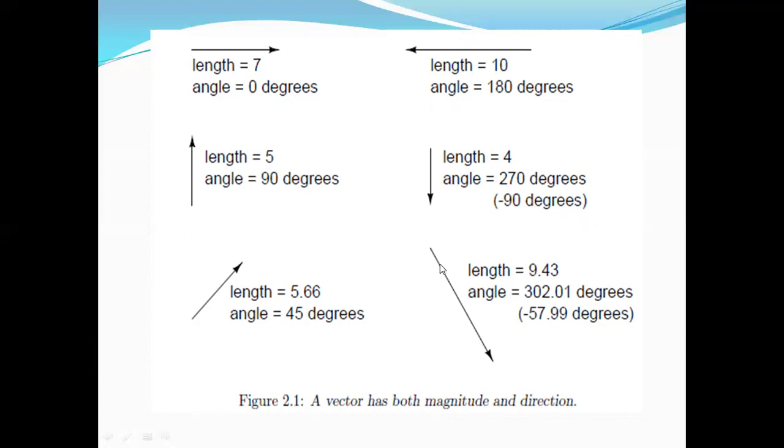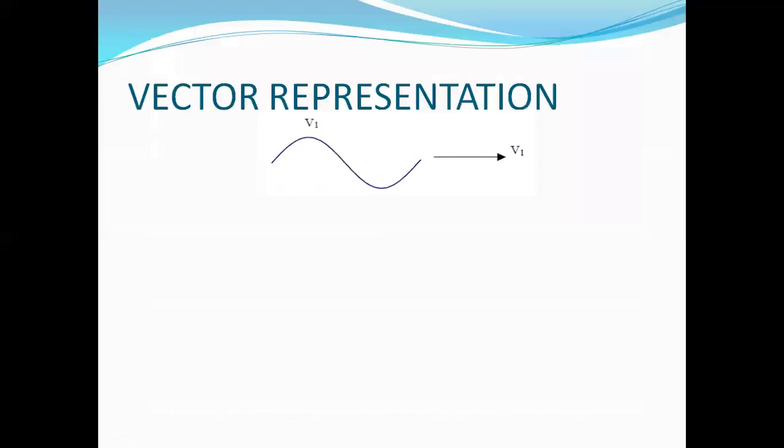It is again inclined and makes an angle of 302.01 degrees, that is minus 57.99 degree, so it is in the fourth quadrant, and its length is 9.43. So in this way, a vector has both magnitude and direction. Depending on the direction, vectors are located in different quadrants of a vector compass.